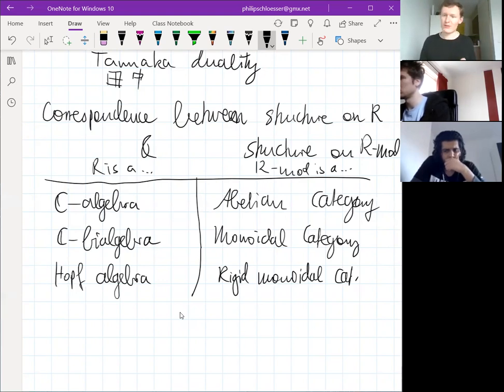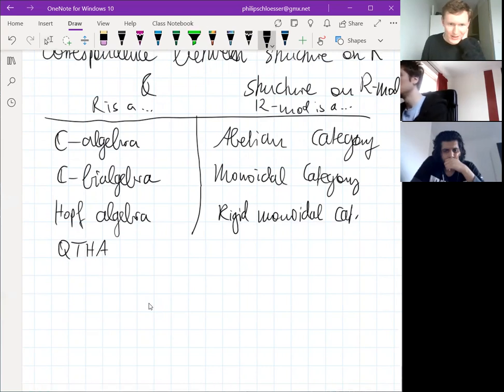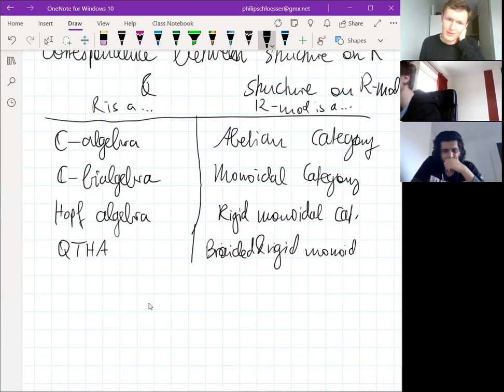And if we're working in a finite dimensional realm, we also have an inner Hom and all of those nice things. And lastly, if we have a quasi-triangular Hopf algebra, then the category of modules over that is a braided rigid monoidal category. Or I guess a braided and rigid monoidal category.